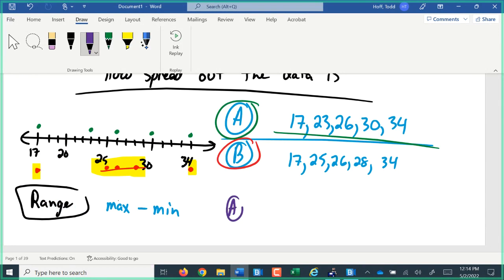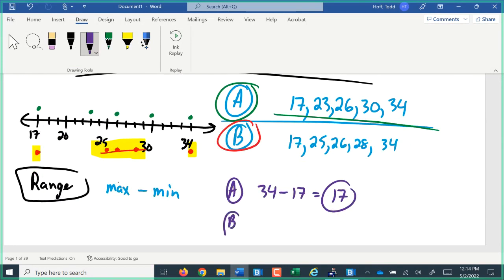So for set A, that's 34 minus 17, gives us a range of 17. Well, unfortunately, set B is also 34 minus 17, gives us the range of 17. The range is the same for these two sets of numbers, but we can see from the dot plot, they are not the same amount of spread out.